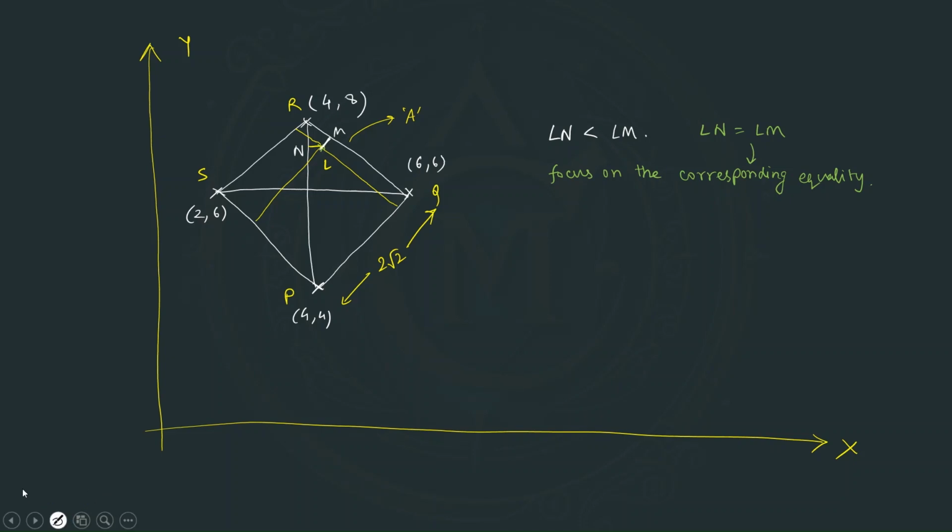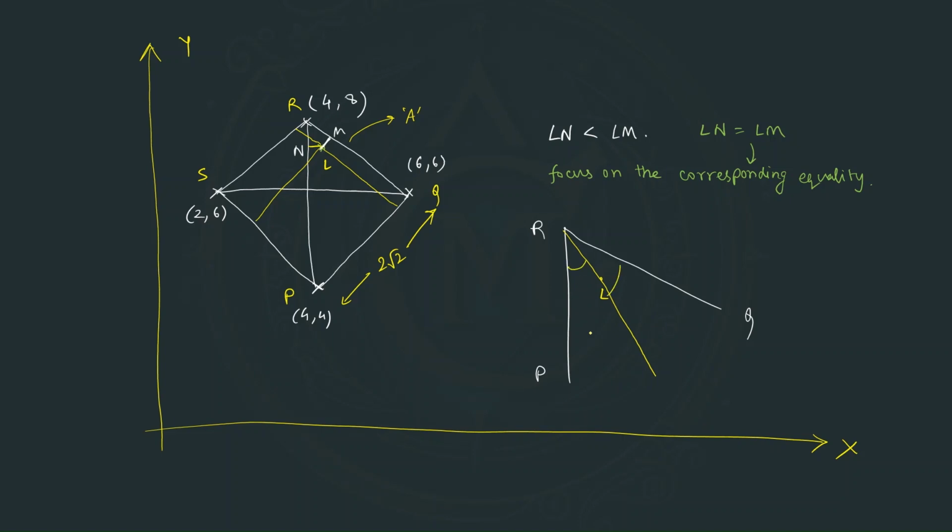So if we draw the diagram here, let's say this is our R, P, and this is our Q, and this is the randomly chosen point, L. So L will lie on this curve if this line is the angle bisector of this PRQ angle.